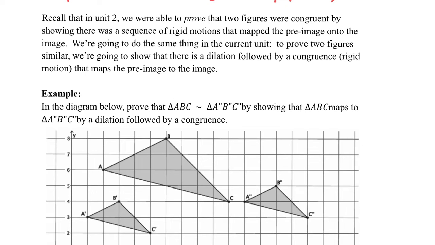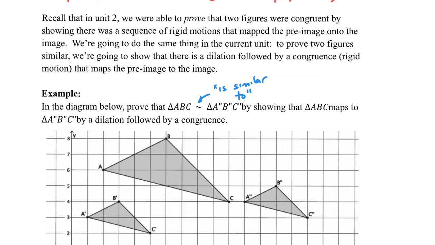So instead, we're going to show that there is a dilation followed by a congruence that maps the pre-image onto the image. So first I want to point out to you that this says right here in the diagram below, prove that triangle ABC is similar to. So that symbol means similar to. So let's write that down. Let's make sure we know that. Is similar to.